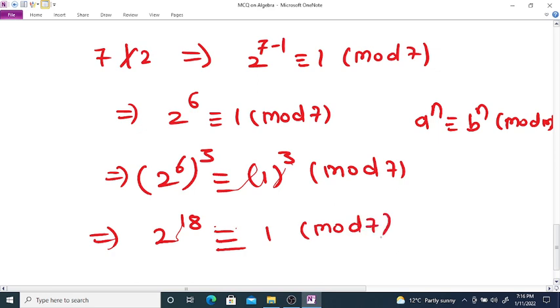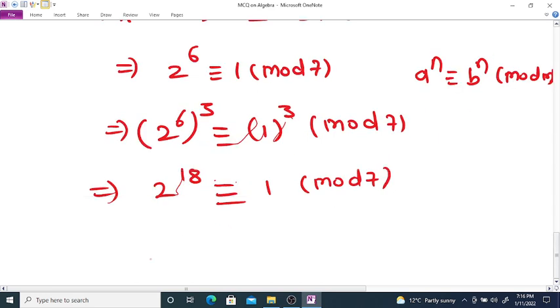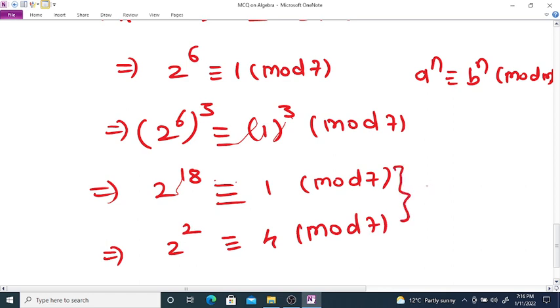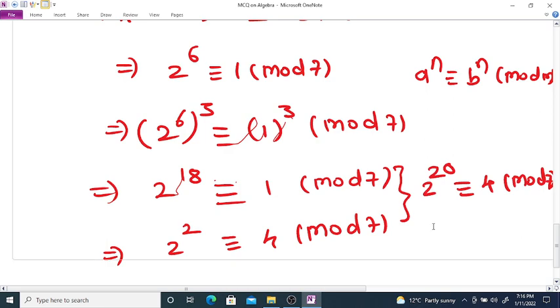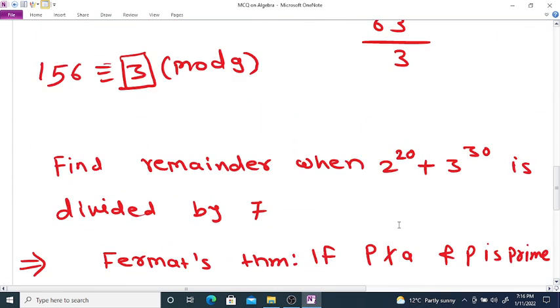But since we want 2 raised to 20 from this, and 2 raised to 2, that is 4, is congruent to 4 modulo 7, by using these two equations we can write 2 raised to 20 congruent to 4 modulo 7. So 2 raised to 20 is congruent to 4 modulo 7.